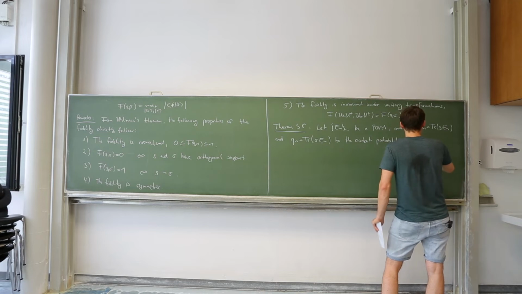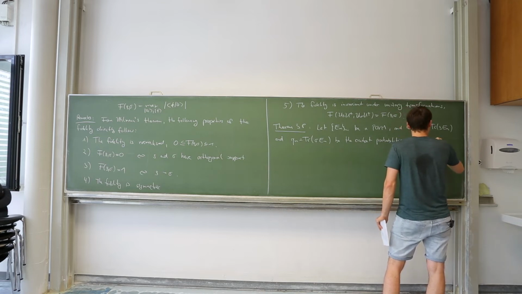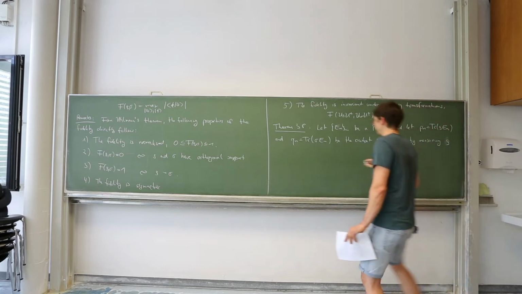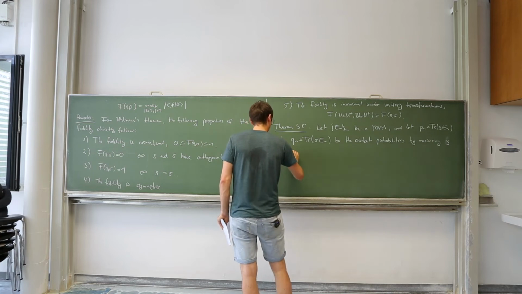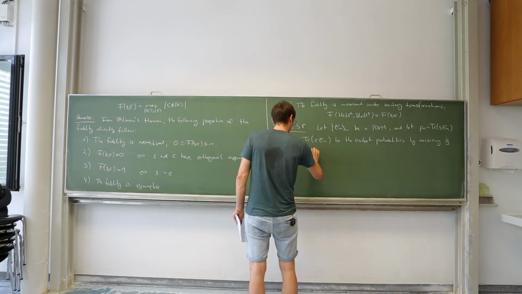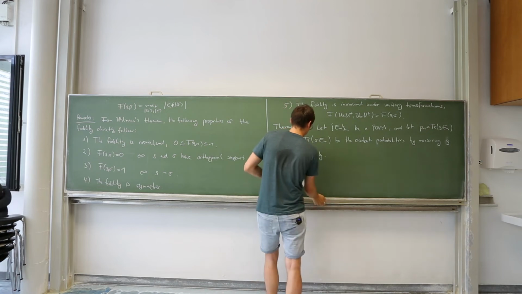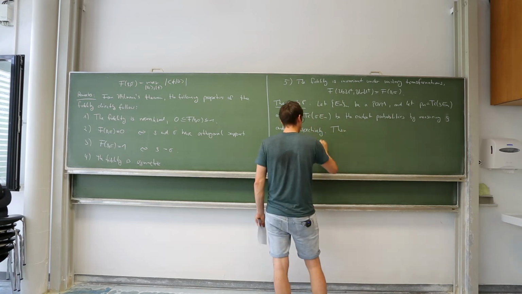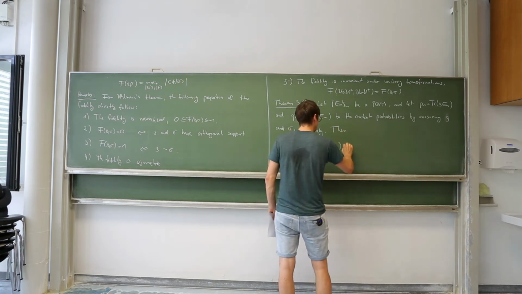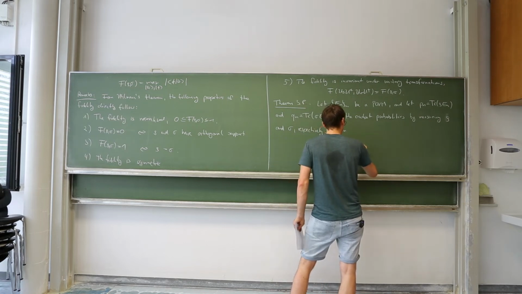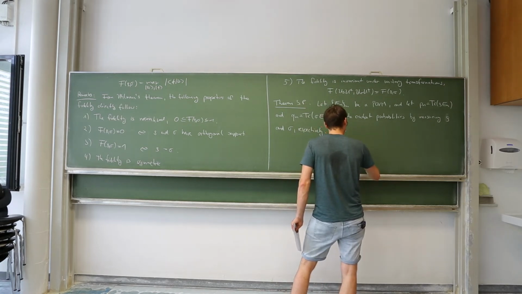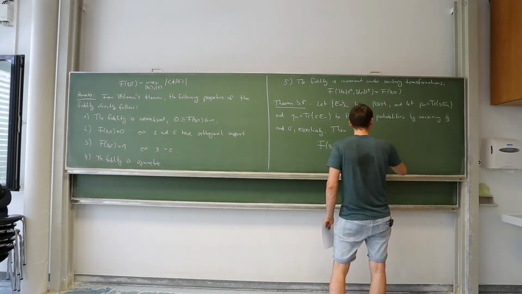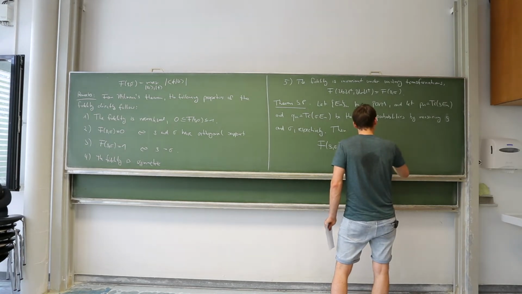By measuring rho and sigma, the fidelity of rho and sigma is given by the minimization over all POVMs of the classical fidelities F(P_m, Q_m).